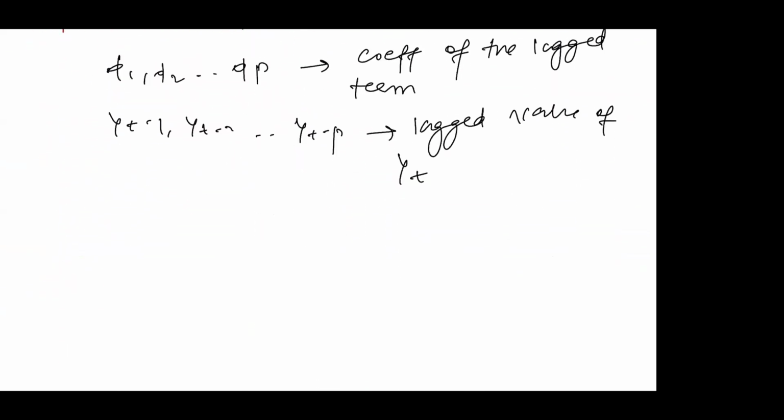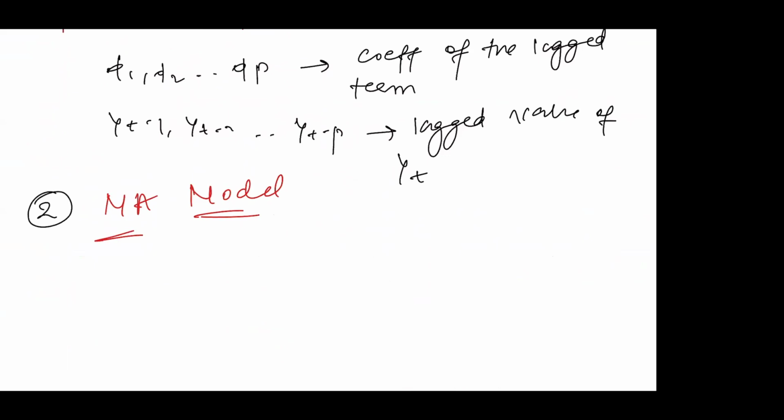So let's see what an MA model is. See, all the time series models are regression models only. Don't think it is something else. It is just a regression model.